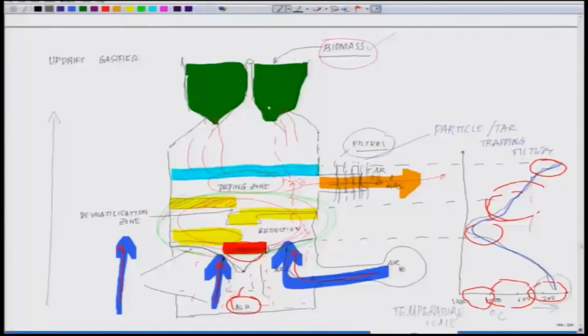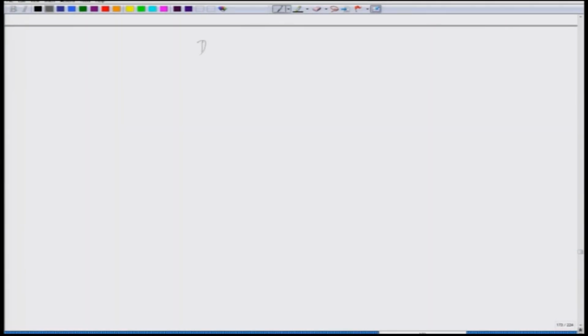Keeping this picture in mind, now from updraft we will move to the downdraft gasifier, and let us start with the schematic of the downdraft gasifier.